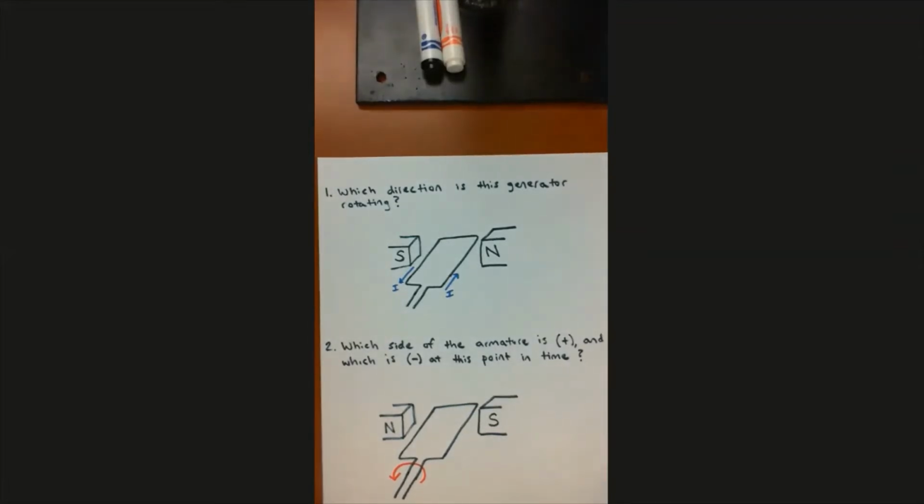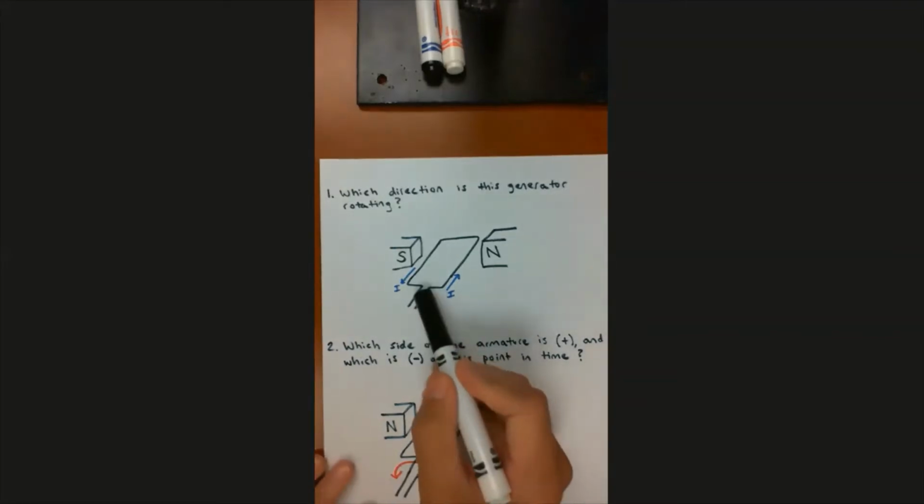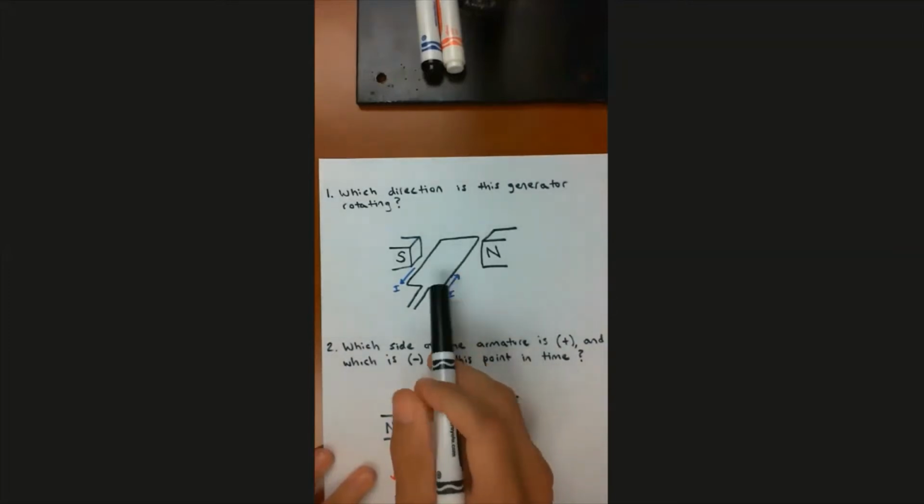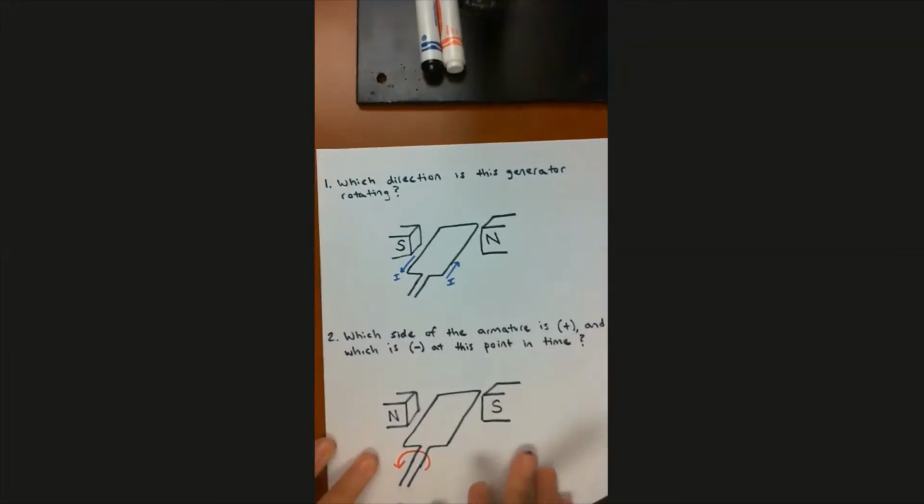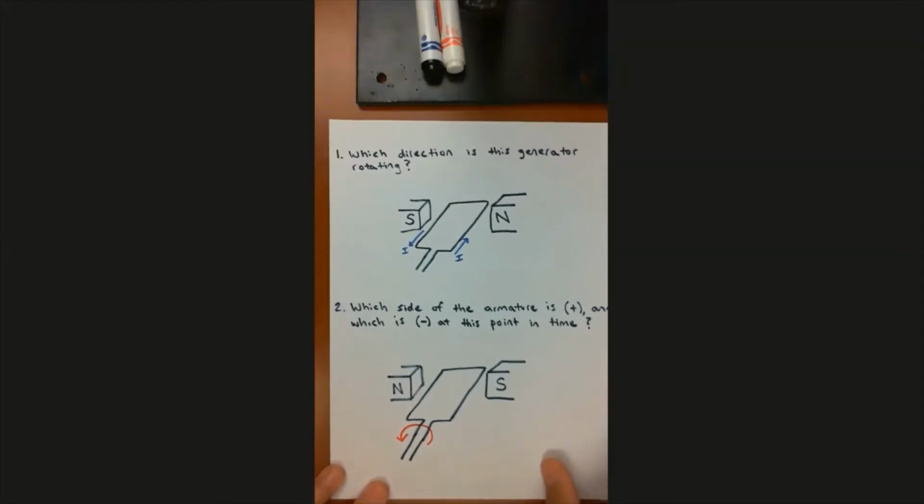So we know which direction our field is going. We know which direction our current is going. So you should be able to tell me which direction the motion is, and thus which direction this armature is rotating. Which direction is the rotor rotating? That's number 1.